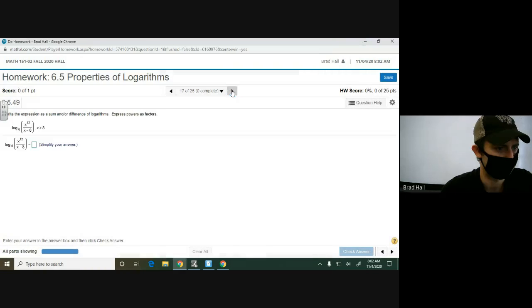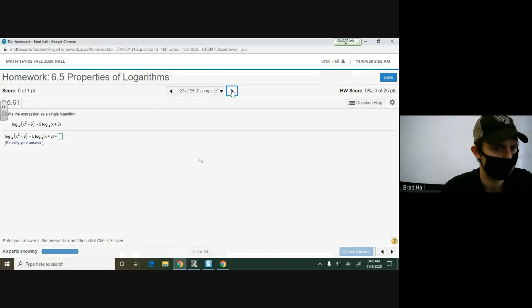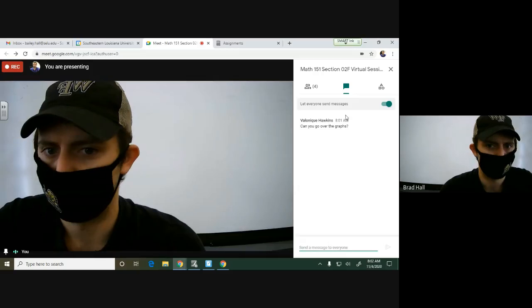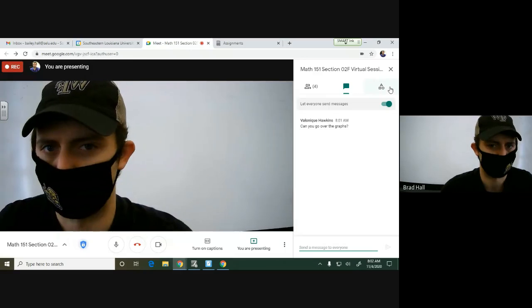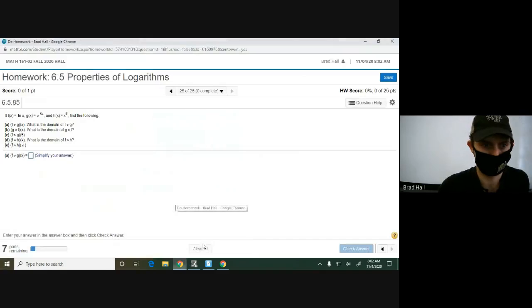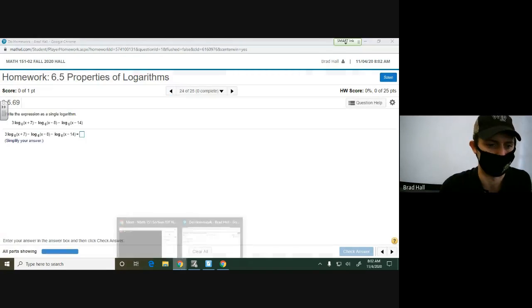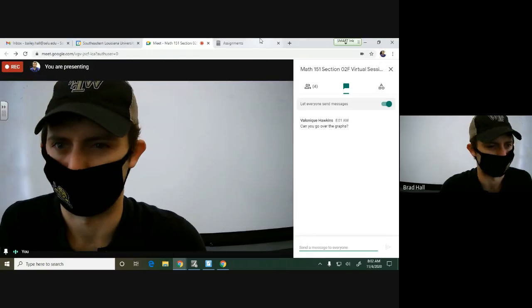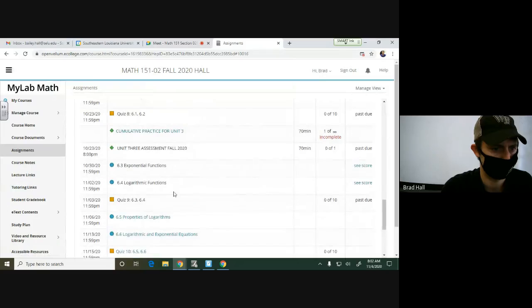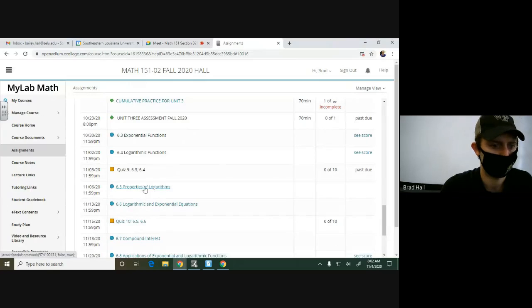Oh, 1 second. I'm not too sure which graph problem you're referring to. If you have a specific number that you can reference me to, I don't see any graphs in this section, unless I'm in the wrong section. Hope not. Yeah, properties of logs.